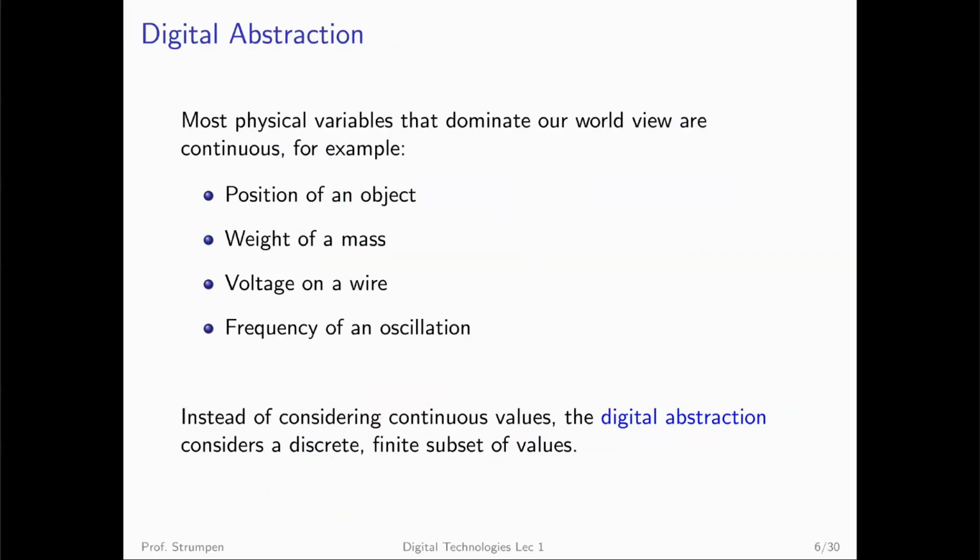Here is a particular type of abstraction, the digital abstraction. If you look around yourself, most physical variables that you perceive, like the position of an object, or the weight of a mass, your body mass, or the voltage on a wire, the frequency of an oscillation, etc., all these are continuous measures.